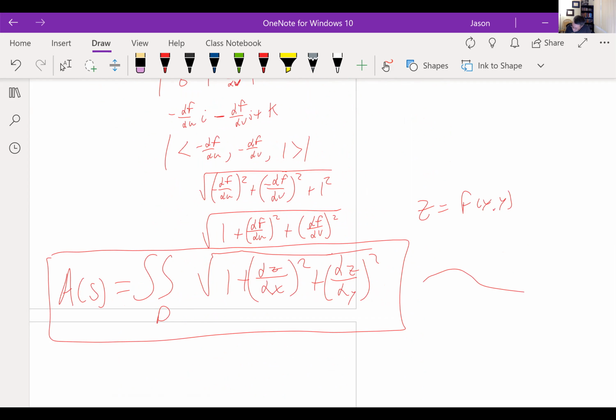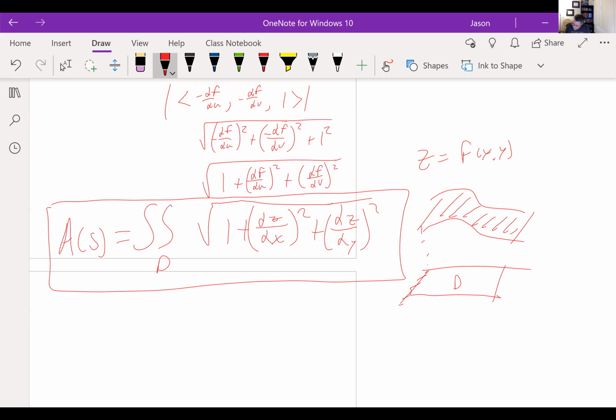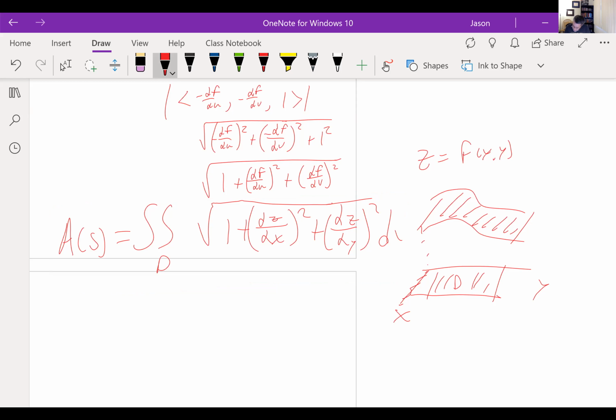Well, it's just the projection of this sheet onto the xy plane, in some sort of domain D. It projects down onto this D, and we take the double integral over that D of dA, which would be in terms of just dx dy.